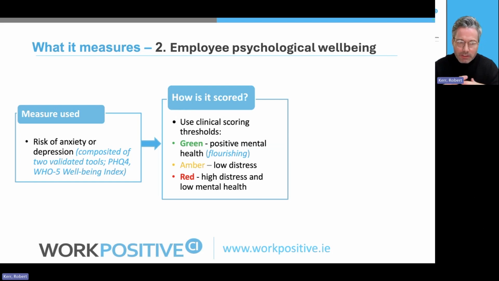We use these tools as a combined method to determine, using clinical scoring thresholds, whether your employees or your respondents are in the green positive mental health category, which means they are flourishing, whether they're amber, that there may be a risk of low distress, or whether they score in the red category, which indicates that the individual is presenting with high distress and low mental health, depending on their results.